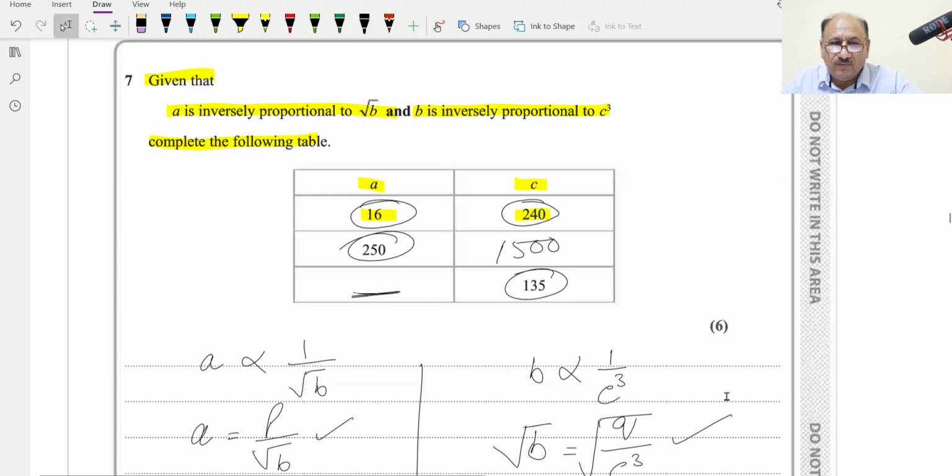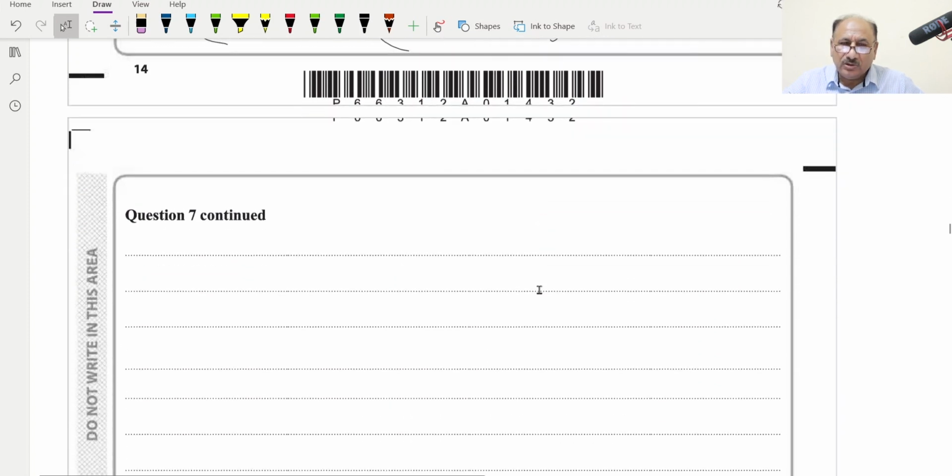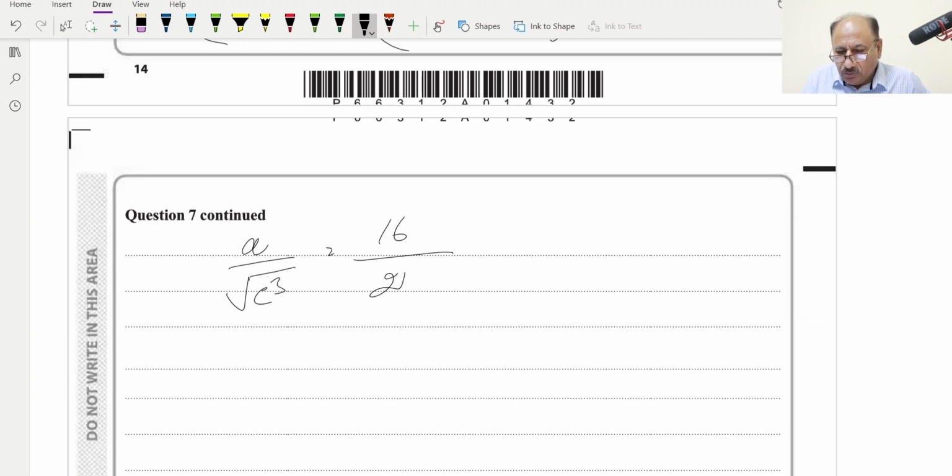For this one we will be using again that equation, and that equation is A over under root of C cube is equal to 16 over 240 cube root also, and the A value will be equal to what?